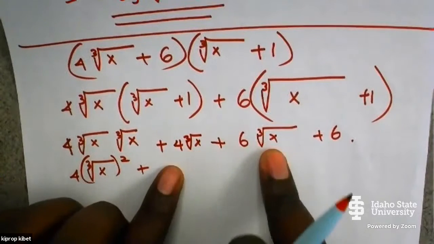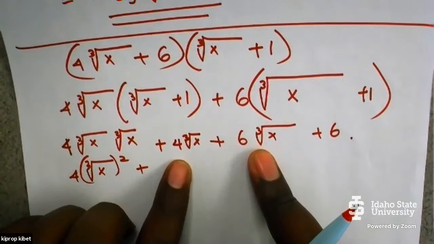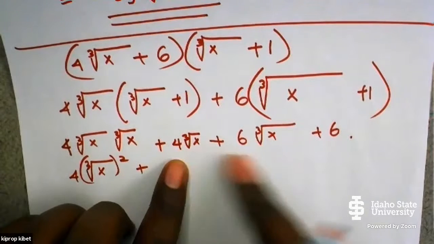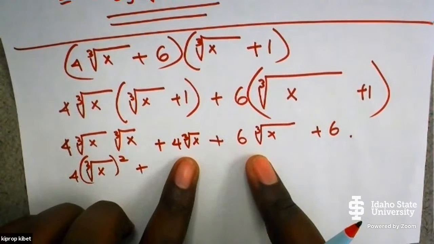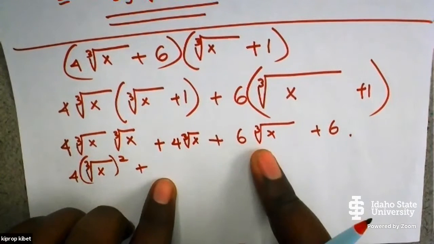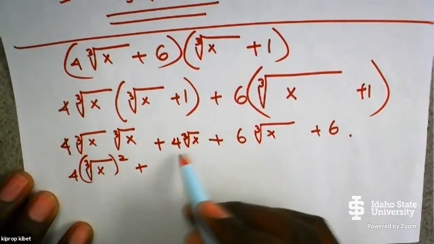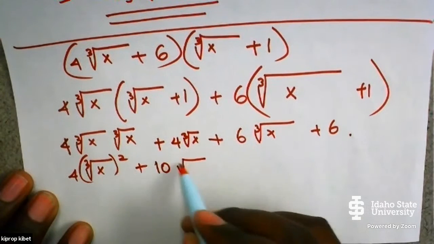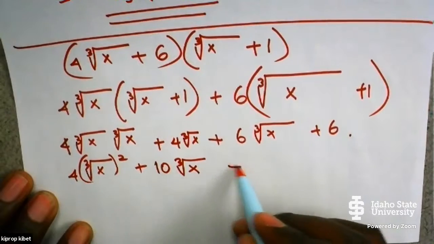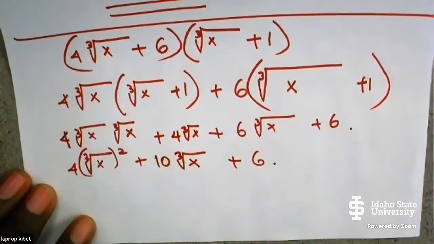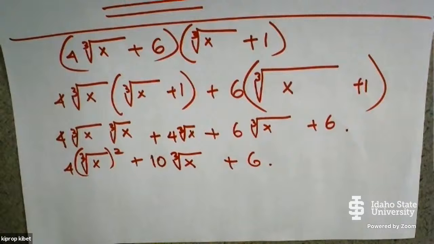Okay, and then plus. Now, the next ones are similar radicals, right? They have the same radicals. This and this. So it will be what? 10, the cube root of x. And then plus 6.